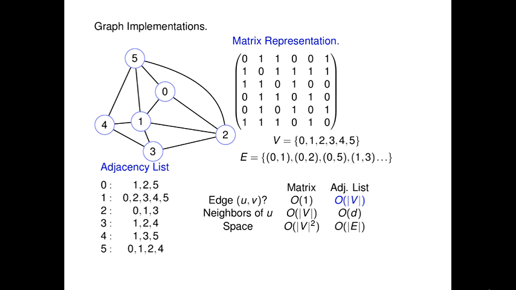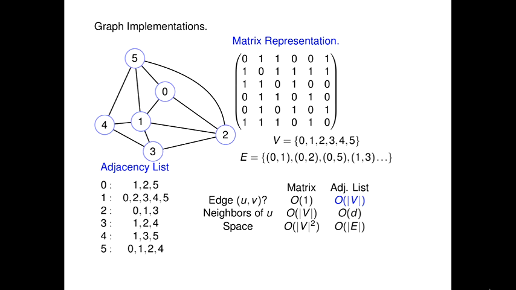Okay? But with the adjacency list, if I want to see whether node 1 is connected to node 5, what I might do is look up node 1, look at its adjacency list, and start scanning over it. And if it's connected, for example, to everybody, you may not find 5 until much later. Okay? So the naive usage of adjacency lists will take you longer to answer this query.